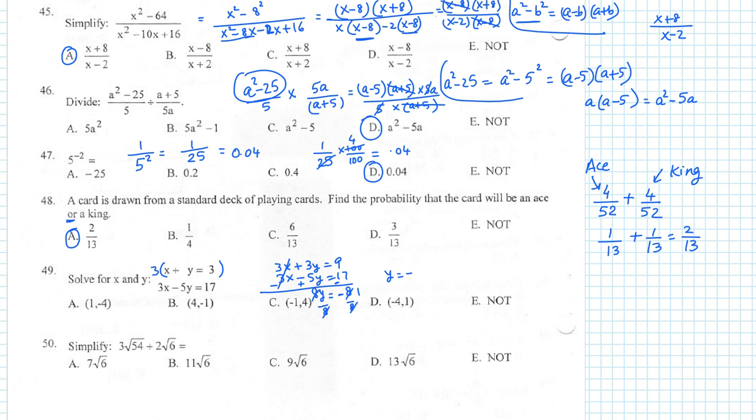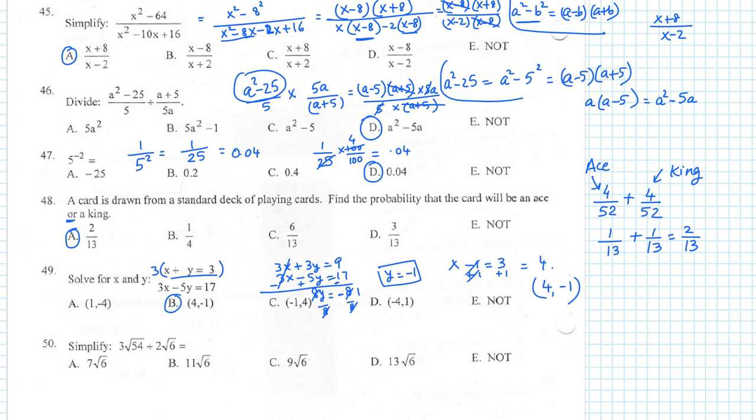So y is equal to minus 1, and now you can plug y equal to minus 1 in any one of these equations. Let's plug it in the first one. So we have x minus 1, so instead of y I'm substituting minus 1, that's equal to 3, so add 1 on both sides, so x is equal to 4. So the answer is 4 comma minus 1, so that will be B.